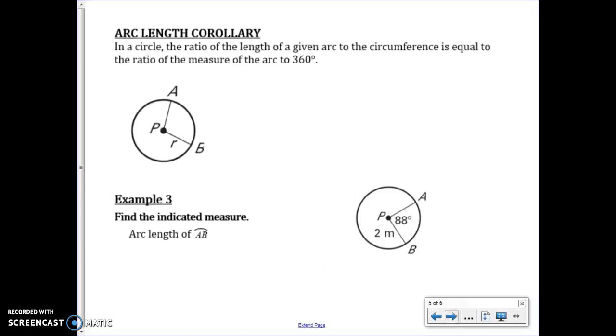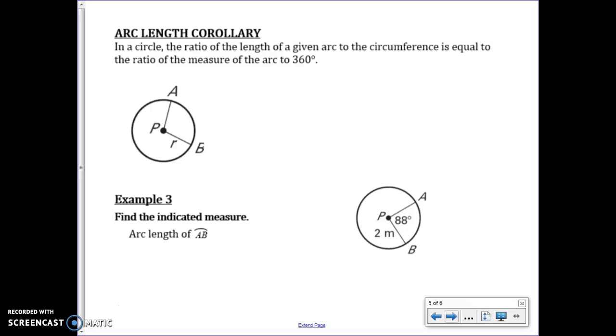Okay, so if we know that the circumference tells us the whole distance around, we can set up a ratio to find just part of the distance around. Think of this like fractions.